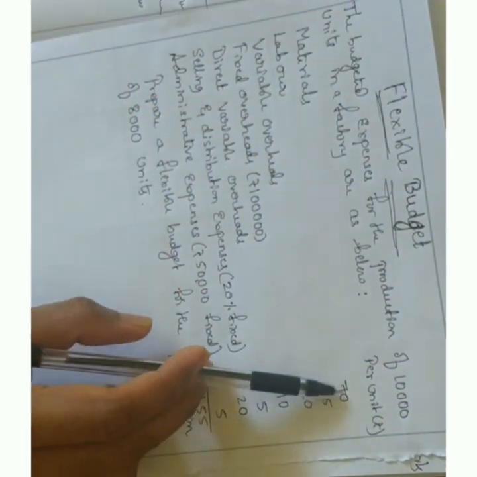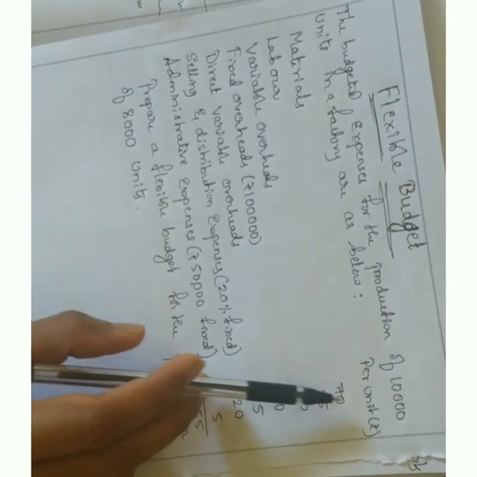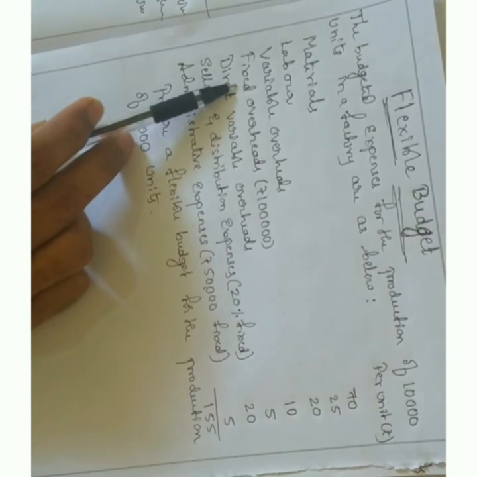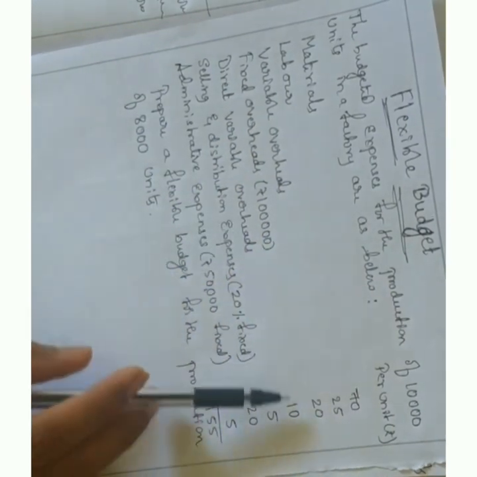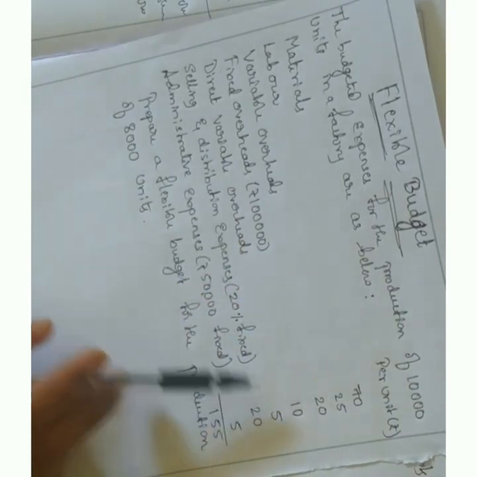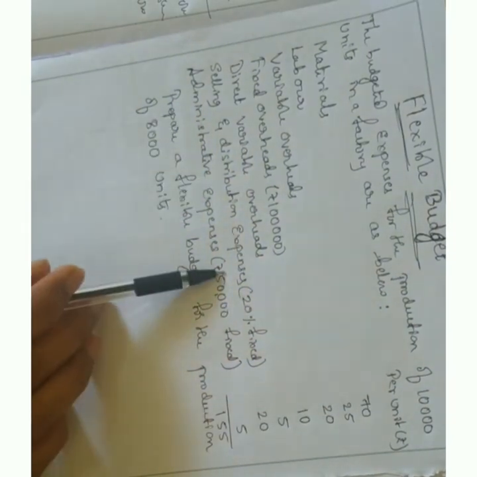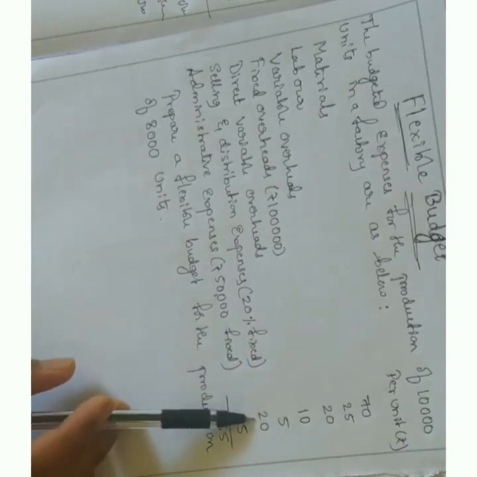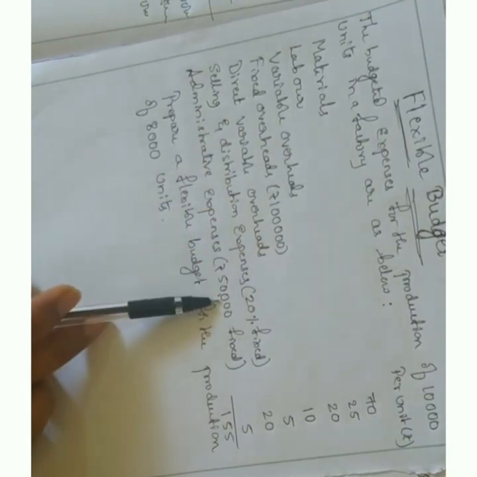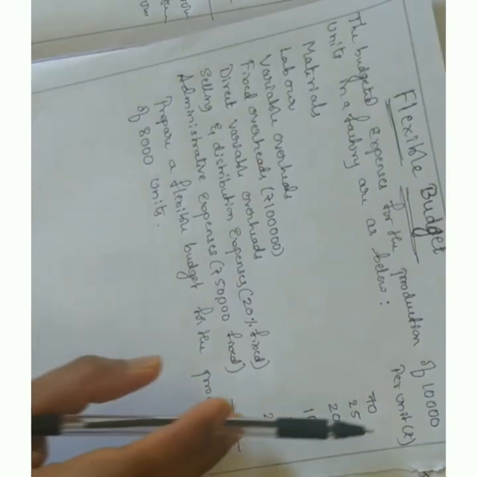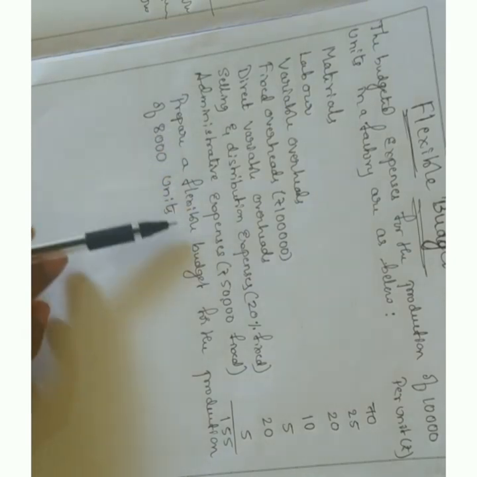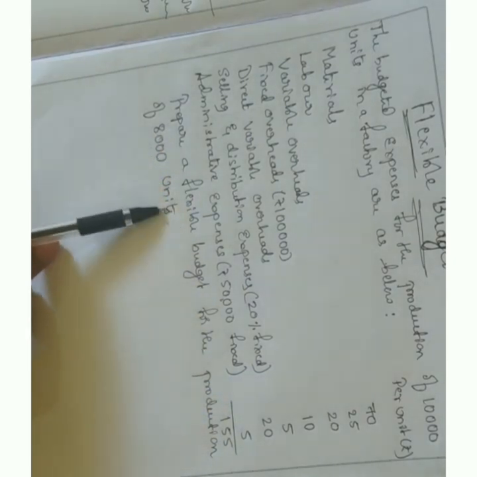Materials rupees 70 per unit, labor rupees 25 per unit, variable overheads rupees 20 per unit, fixed overheads rupees 1 lakh as rupee 10 per unit, direct variable overheads rupees 5 per unit, selling and distribution expenses 20% fixed, 20 rupees per unit, administrative expenses rupees 50,000 fixed, rupee 5 per unit, in total 155. So we have to prepare a flexible budget for the production of 8,000 units.